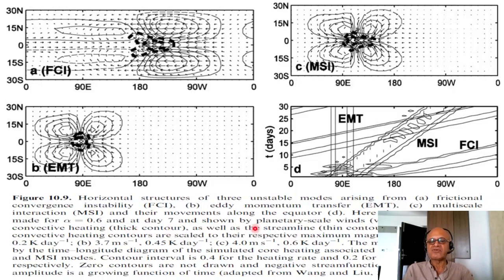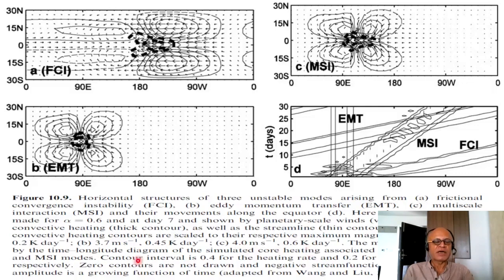They are shown by planetary scale winds, shown as vectors, and areas of convective heating, which are the thick contours, as well as streamlines, which are the thin contours. The vectors and convective heating contours are scaled to their respective maximum amplitudes: 1.5 meters per second, 0.2 Kelvin per day; 3.7 meters per second, 0.45 Kelvin per day; 4 meters per second, 0.6 Kelvin per day.